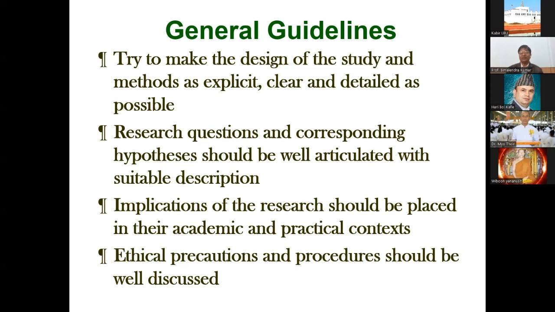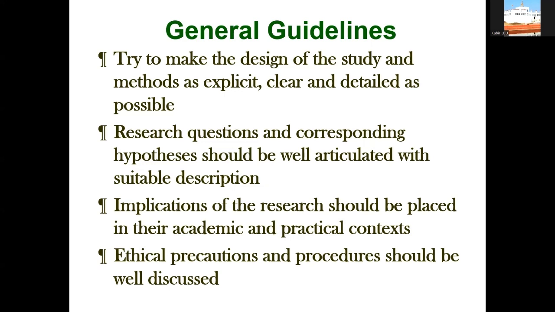And it must also indicate the methods, the research methodology, and it must be clear, pinpointed, and as detailed an explanation as possible. So try, as far as possible, for a research scholar to make a design of the study.